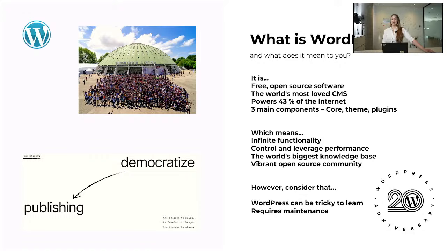WordPress is maintained by a global, vibrant open source community. Do you see the picture I have here on this slide? It's from a WordPress conference called WordCamp Europe last year. And this is just the beginning of the conference. I think we were about 3,000 people attending. So people care about WordPress. There are full-time engineers devoted to nothing but improving on WordPress.